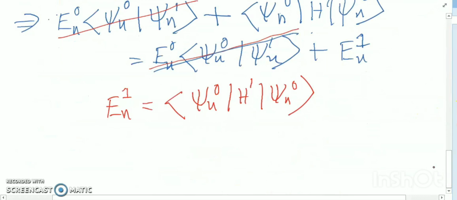No problem. So the first order correction of non-degenerate perturbation theory is simple; this is supposed to be H prime, H bar. Energy is given by the expectation value of the perturbation with respect to the unperturbed wave functions.